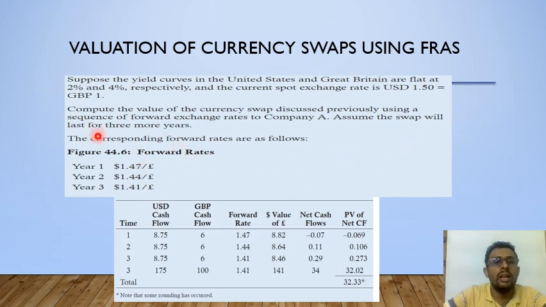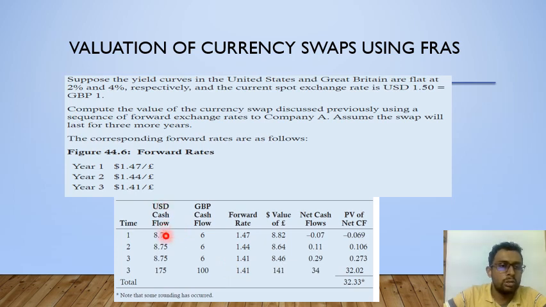Likewise, for 3 years we will have to calculate the forward rates. That is a whole different discussion that will not form a part of this discussion. For this, you assume that it is given. So when this is given, how to calculate the value of the swap? First you'll have to calculate the cash flows in GBP and USD, net them off, and find the present value of the cash flows. That will be the value of our currency swap.